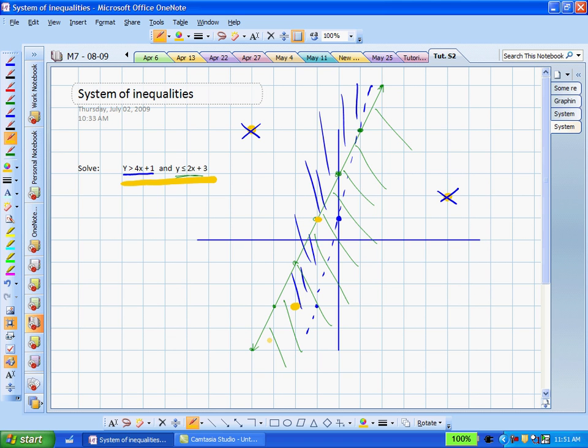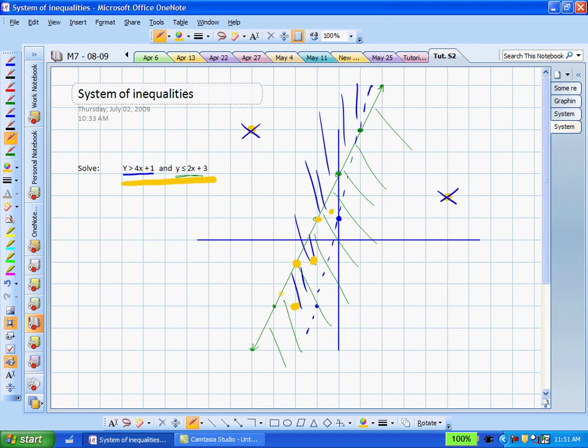Okay, so on the green line, well, actually that's a tough part right there. All right, so we're going to plot a whole bunch of points. This point works. This point works. This point works. This point, no. No.